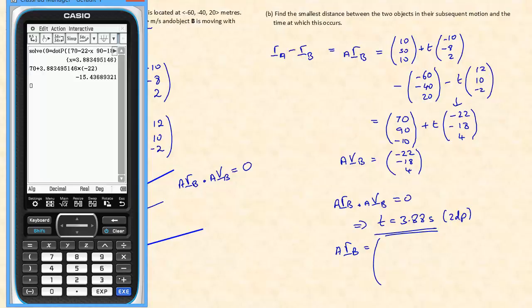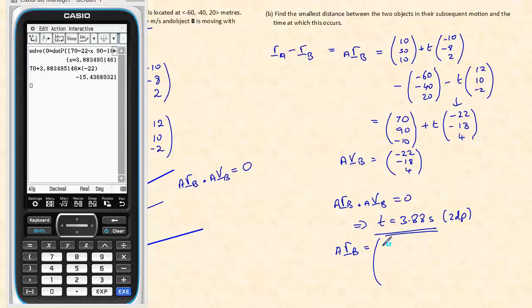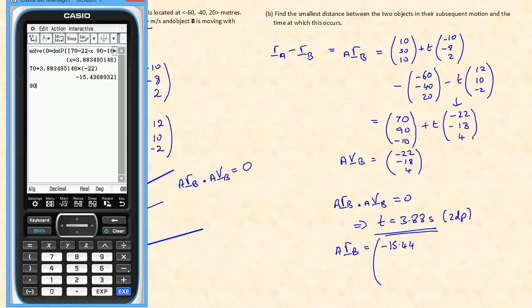So that's negative 15.44. And then we're going to want 90 add this time multiplied by negative 18.